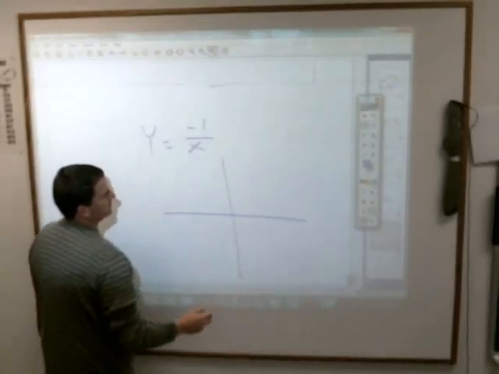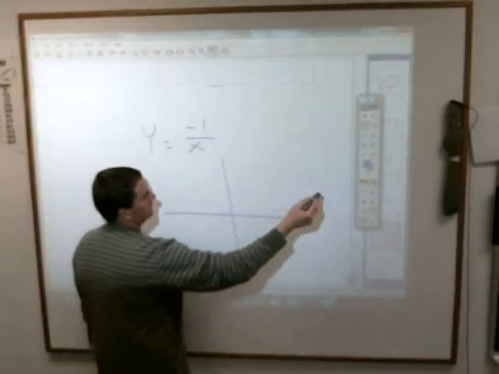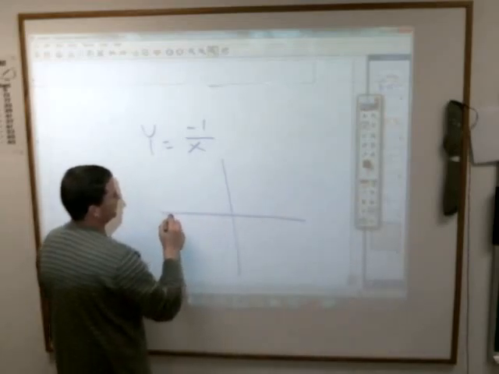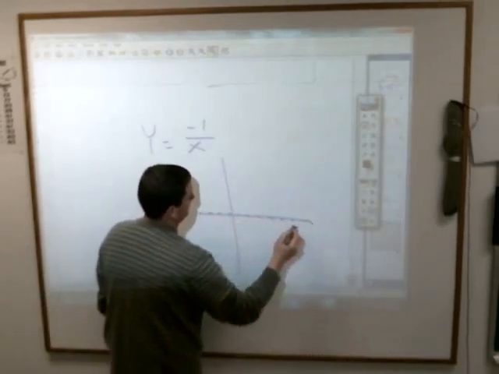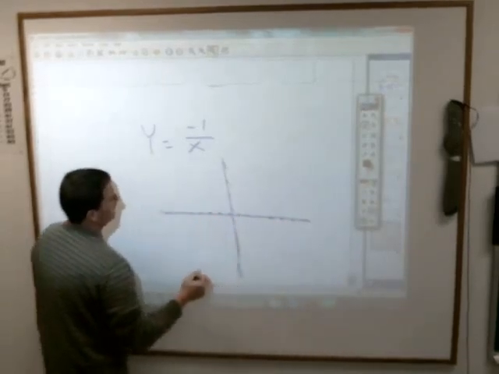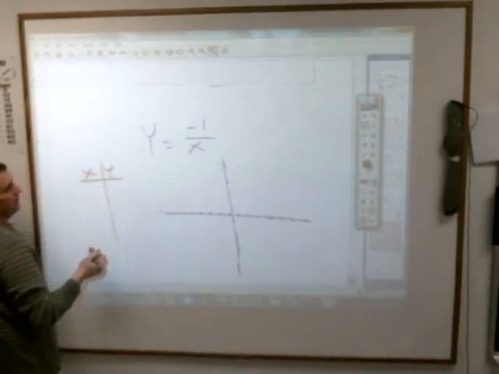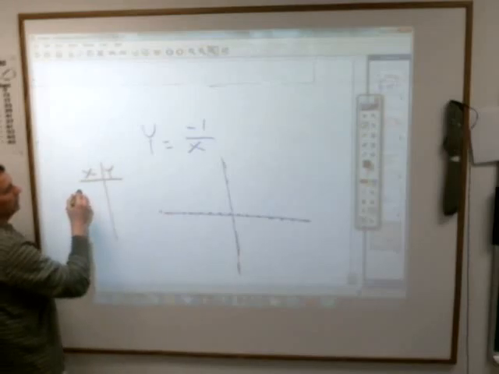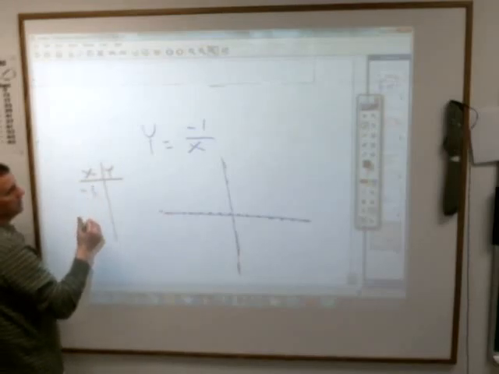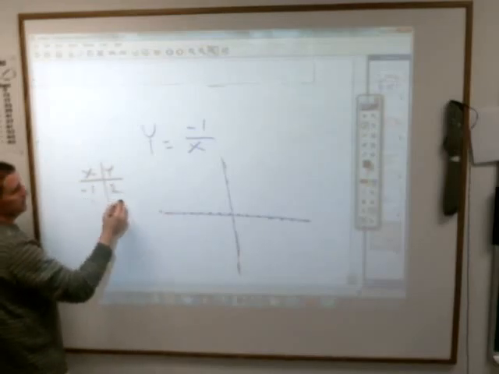We should still have the same asymptotes, right? You would think it would change it. Maybe that's the answer to the problem, Nick. So if I put -1 in for x, y equals +1, right?